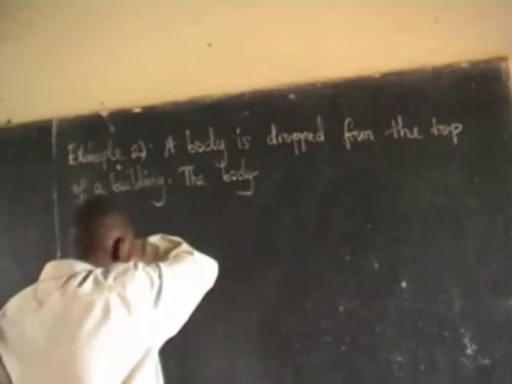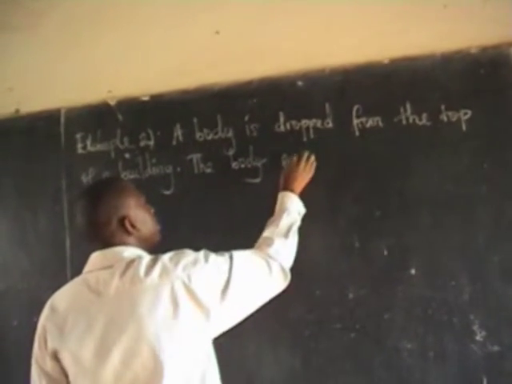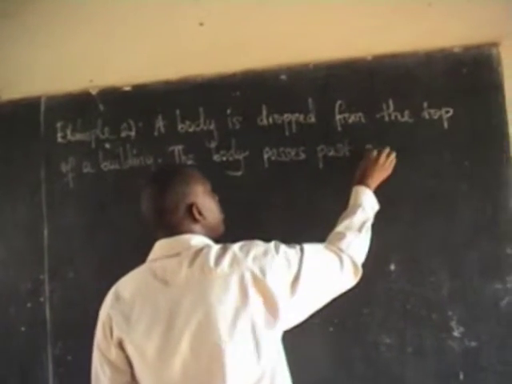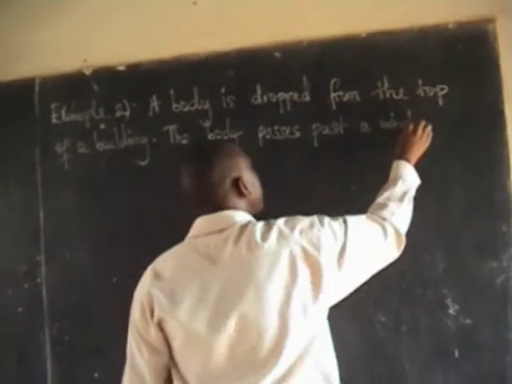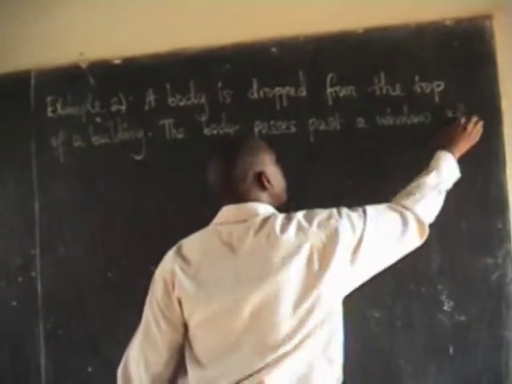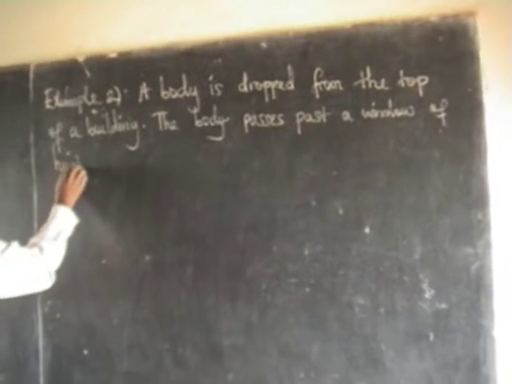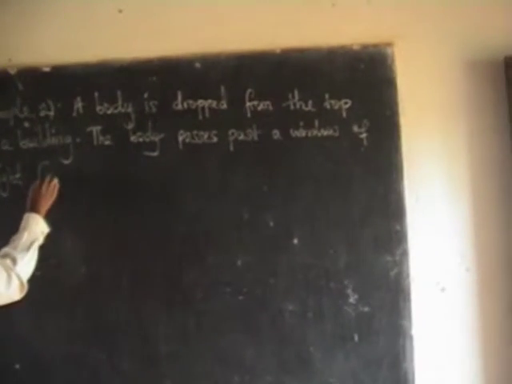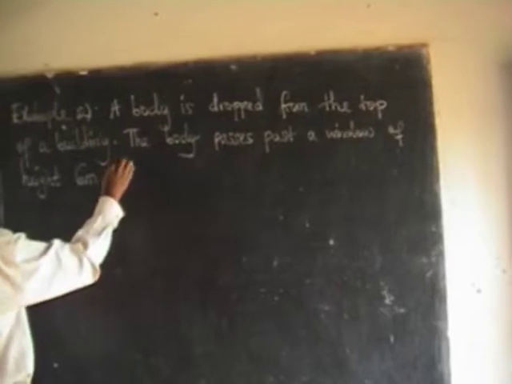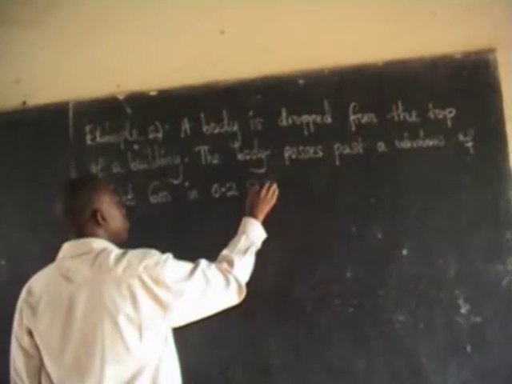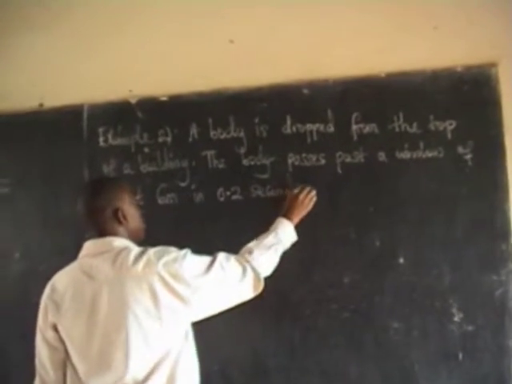The body passes past a window of height 6 meters in 0.2 seconds.